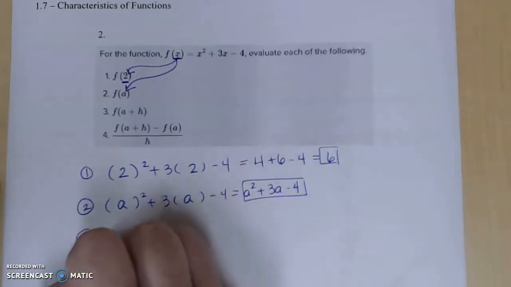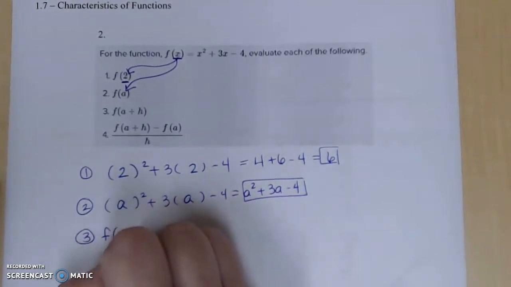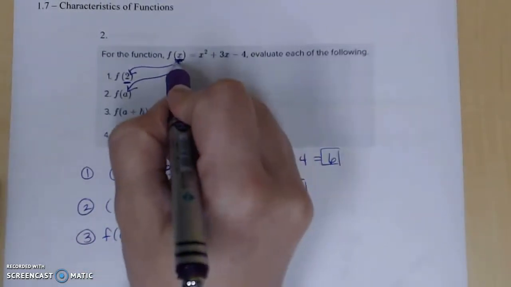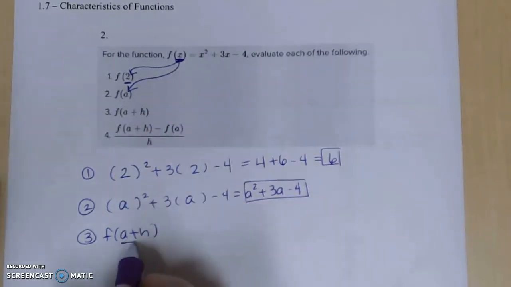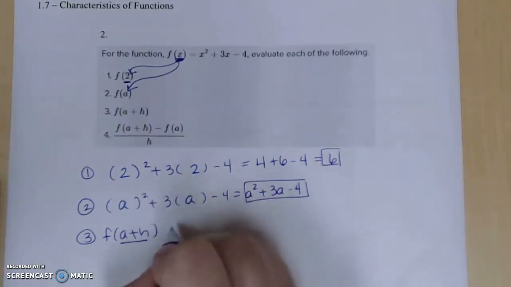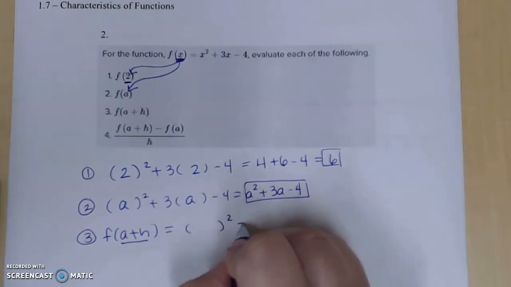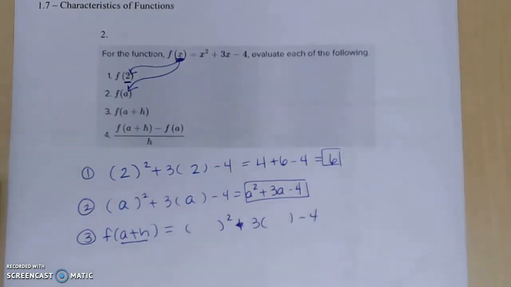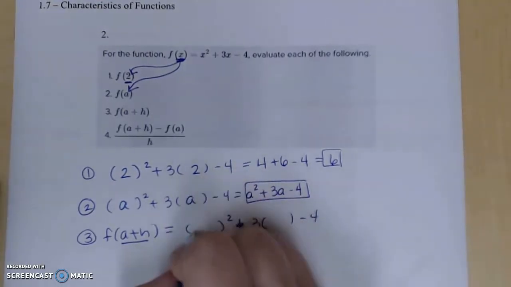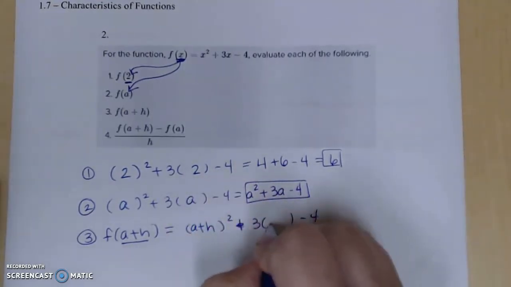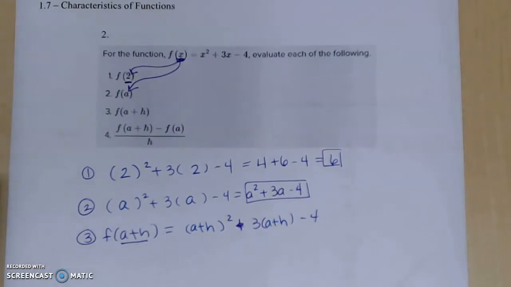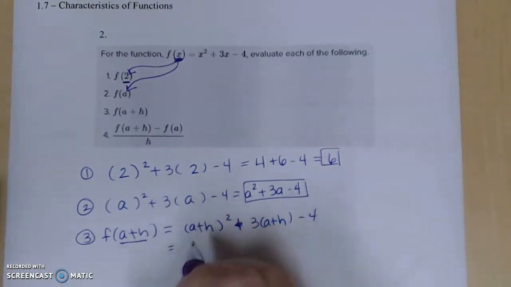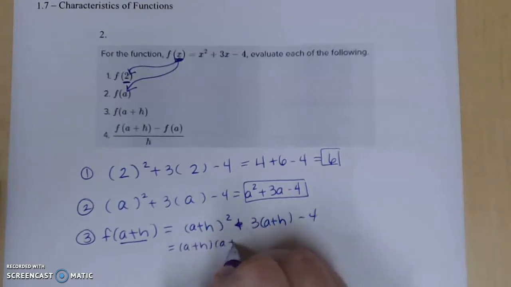Number 3, f of a plus h. So you can see we now put an a plus h everywhere you have an x. So again, I'm going to put parentheses everywhere I have that x. I'm going to plug in a plus h. Now with this one, it has a little bit more work to do. I'm going to go ahead and multiply all this out. So a plus h squared means a plus h times a plus h.